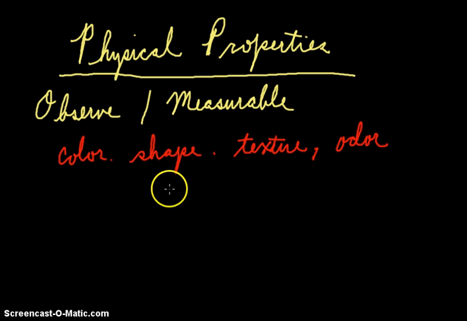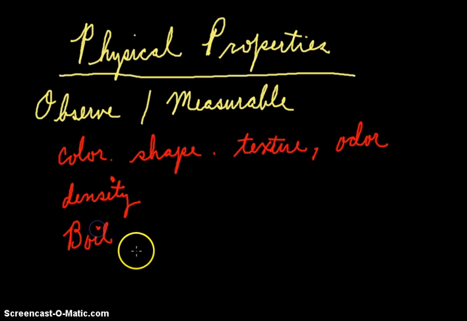Other things that we can measure are a little bit more specific and more useful to us in science in a lot of ways. Things like density, that's a big one. Maybe boiling point, and along with that would be melting point and freezing point, things like that.